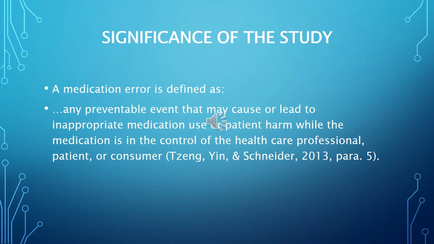A medication error is defined as any preventable event that may cause or lead to inappropriate medication use or patient harm while the medication is in the control of the healthcare professional, patient, or consumer.